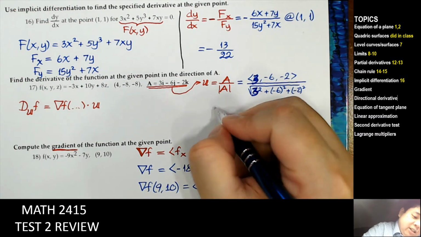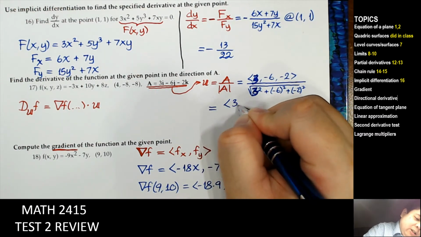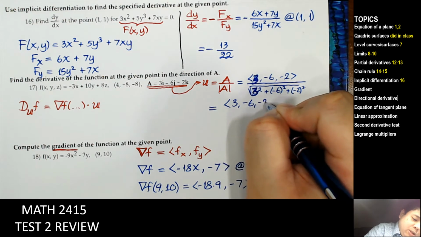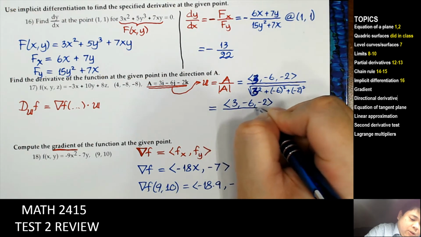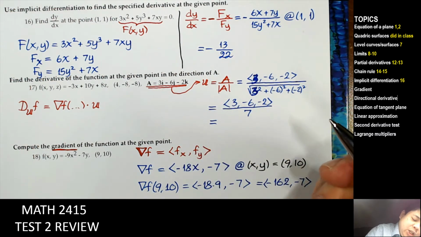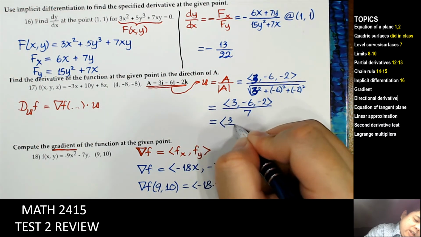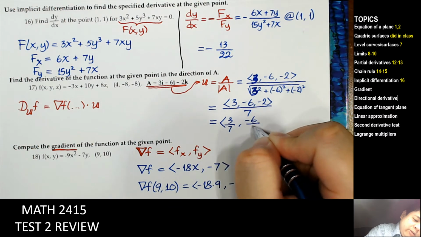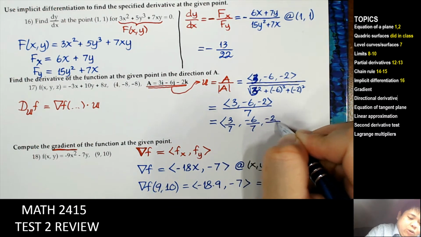So the magnitude is 7. So the unit vector u is 3 over 7, -6 over 7, and -2 over 7.